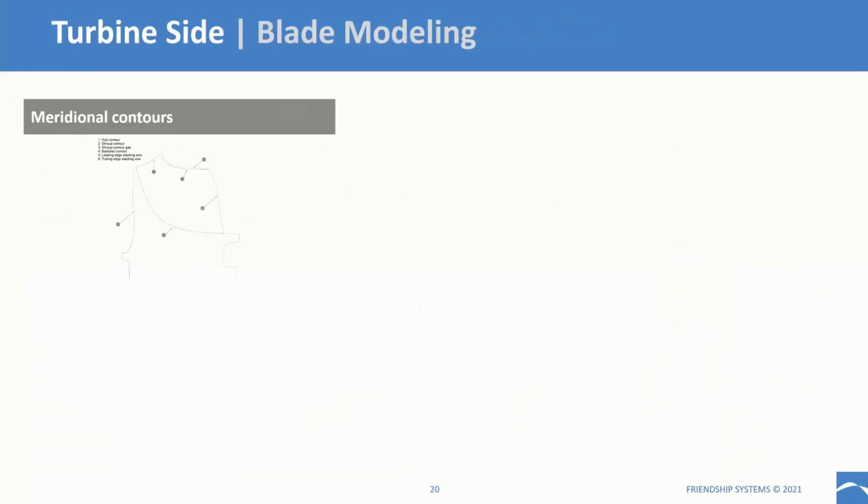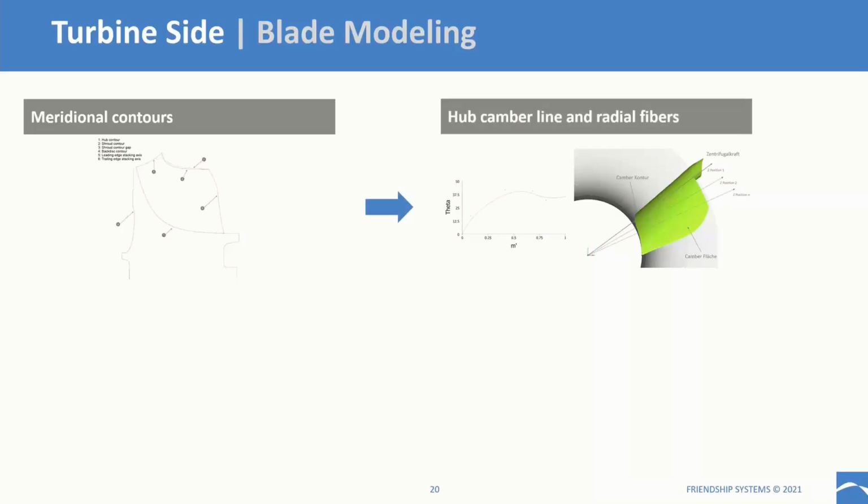So let's look at the blade modeling process for the turbine side. We again start by generating the meridional contours, hub and shroud, as well as the backdisk contour. Then we generate the camber surface by creating a hub camber line. This is described here as a theta over m prime distribution.